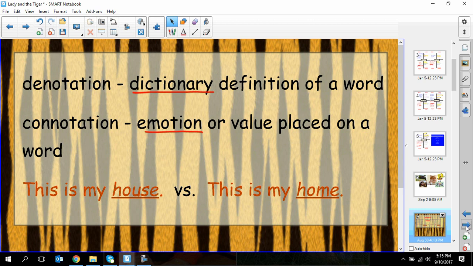So denotation and dictionary, that's really easy because they both start with D. Connotation is the emotion that you have that goes behind the words. So like this is my house, the dictionary definition would be 4 walls in your home. This is my home has a connotation of something that you really love and there's warm feelings.